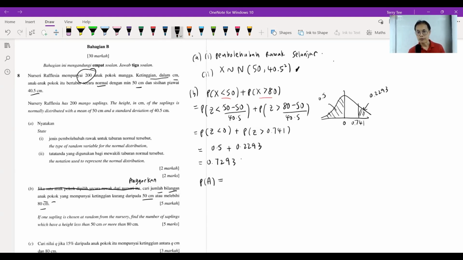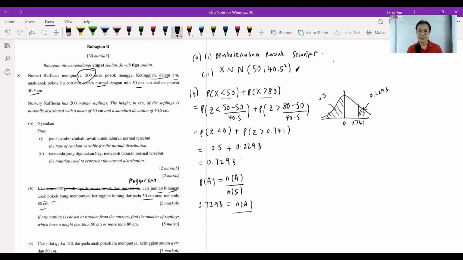And the probability of event A is number of occurrence of event A divided by n(S). n(S) is the size of your sample space. In this case, your sample space is 200. Yeah, you have 200 anak pokok. So the chances of this occurring is 0.7293. I don't know how many anak pokok, right?